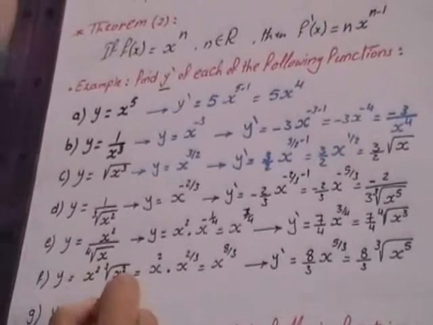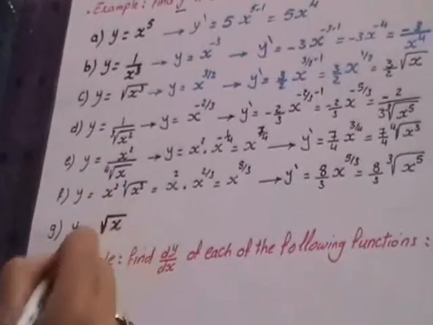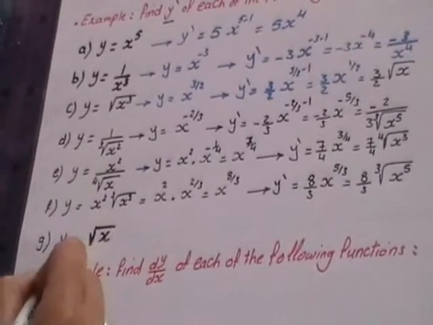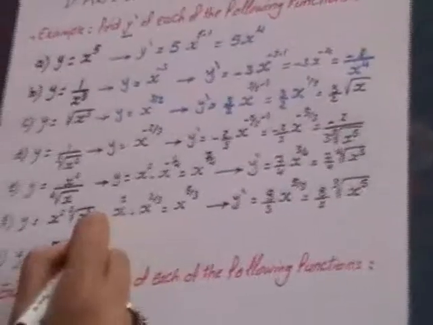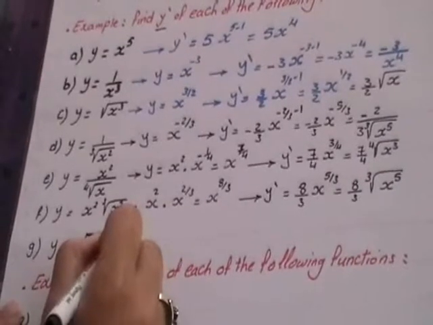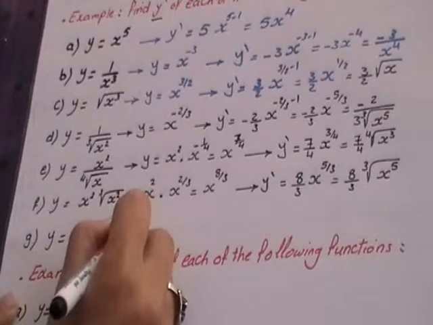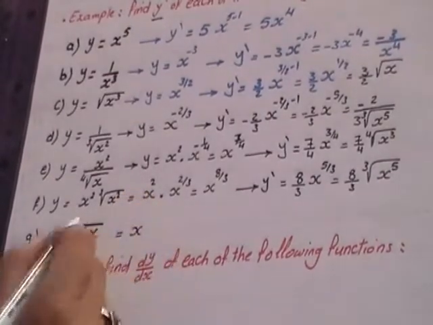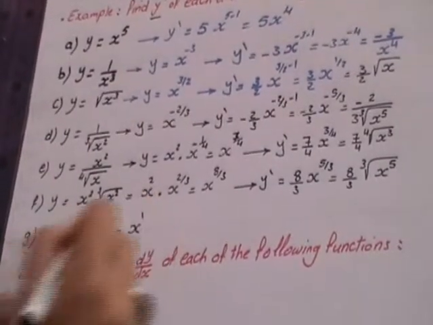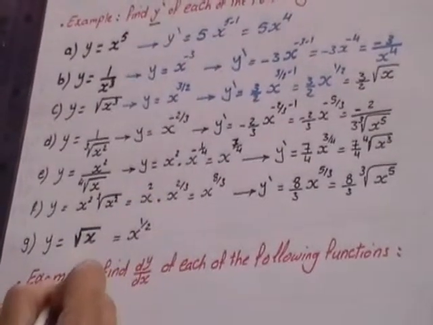Now we talk about y equals square root x. Like we did before, we put it in exponential form. Y will be equal to x power, the inner power 1 and the outer power 2, x power half.